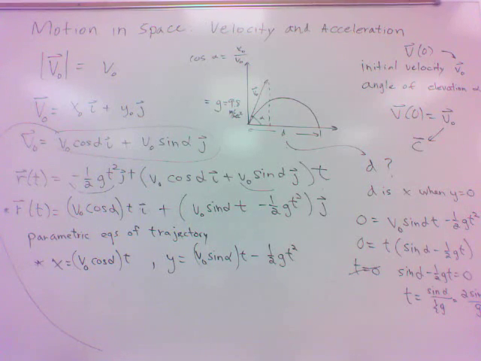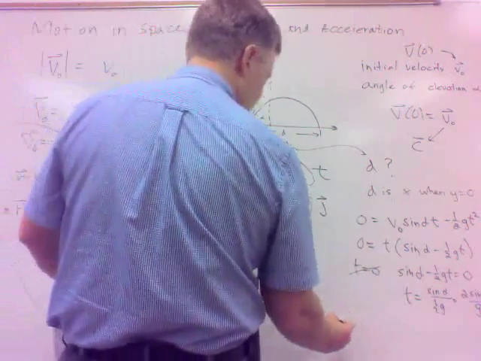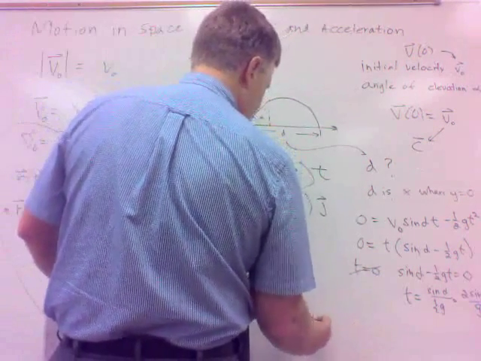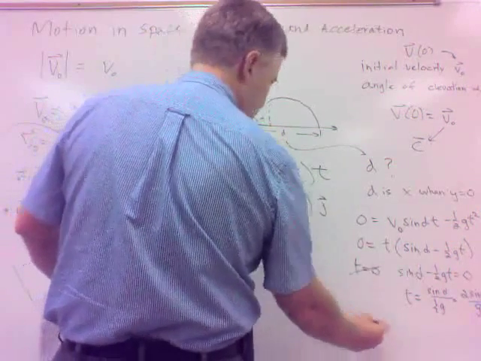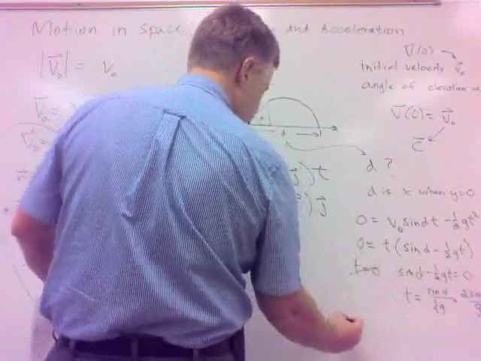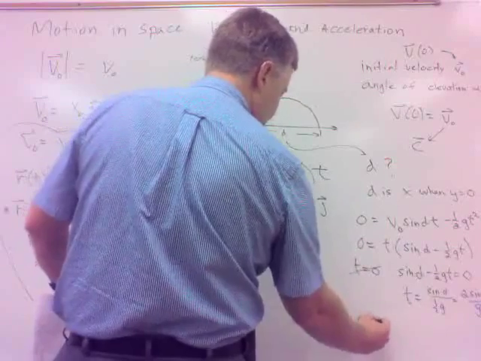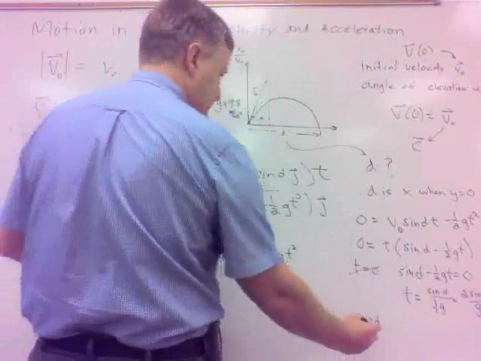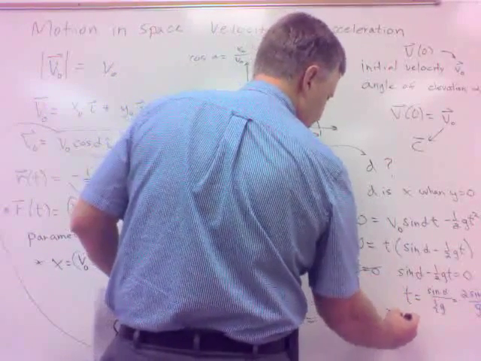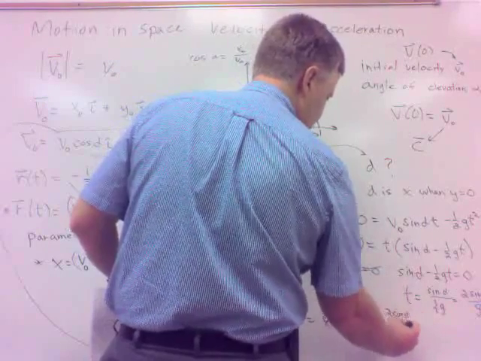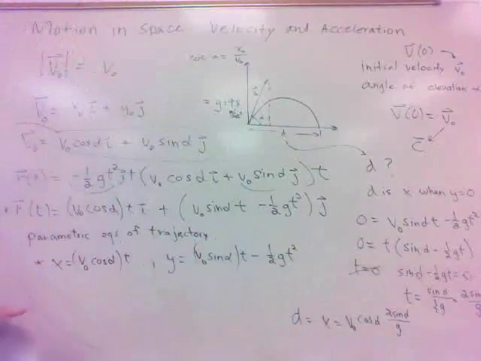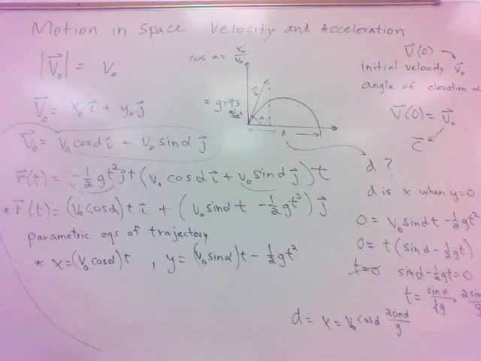But an interesting thing, if we do go ahead and plug that in for x here, the d would be the x component at this time t, so that'd be v0 cosine of alpha times the t, which is 2 v0 sine alpha over g.